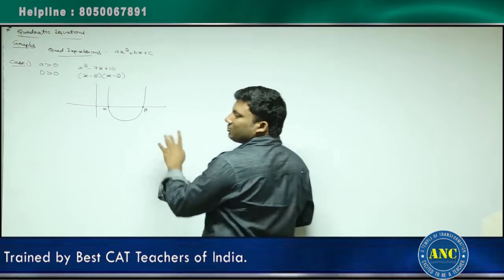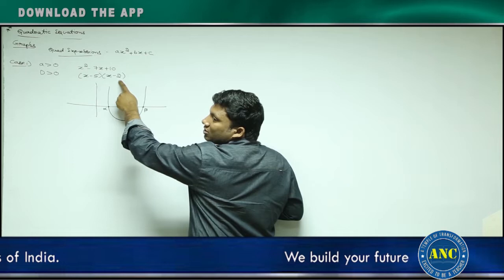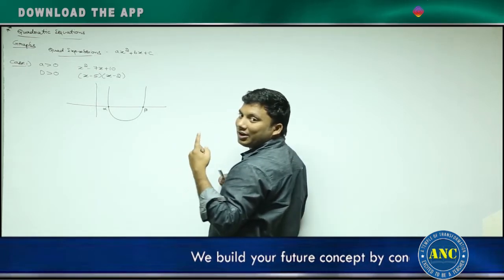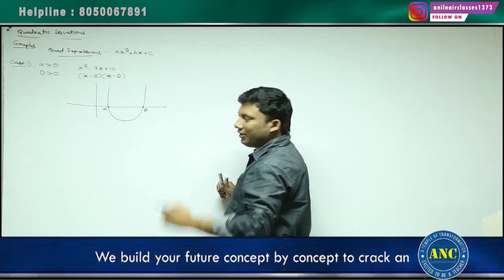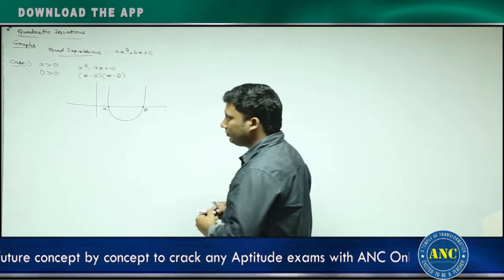This is alpha, this is beta. Why is it touching 2 points? Because if I equate it with 0, I will get 2 points. X equal to 2 and X equal to 5. A greater than 0, D greater than 0.